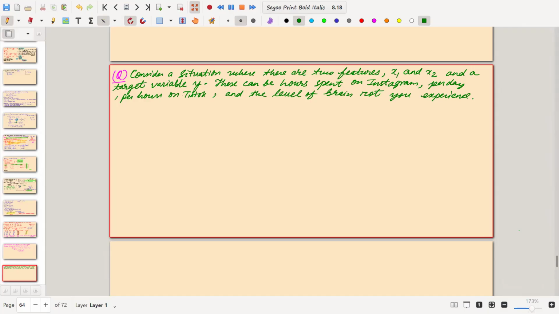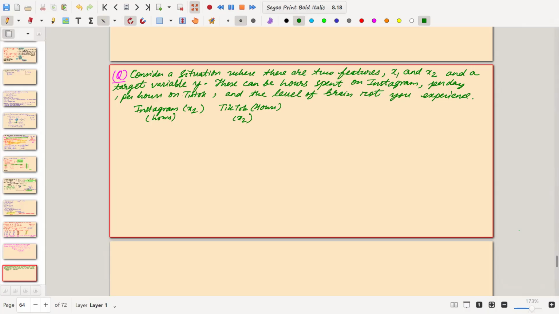So we'll have some data written here. Okay. So Instagram, this is x1, I mean hours. Then TikTok, suppose, and this is also hours, but we are measuring by x2.